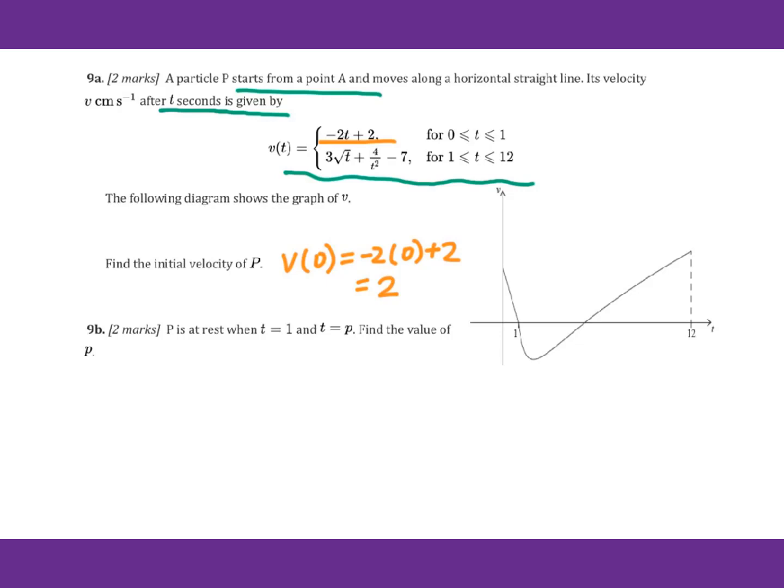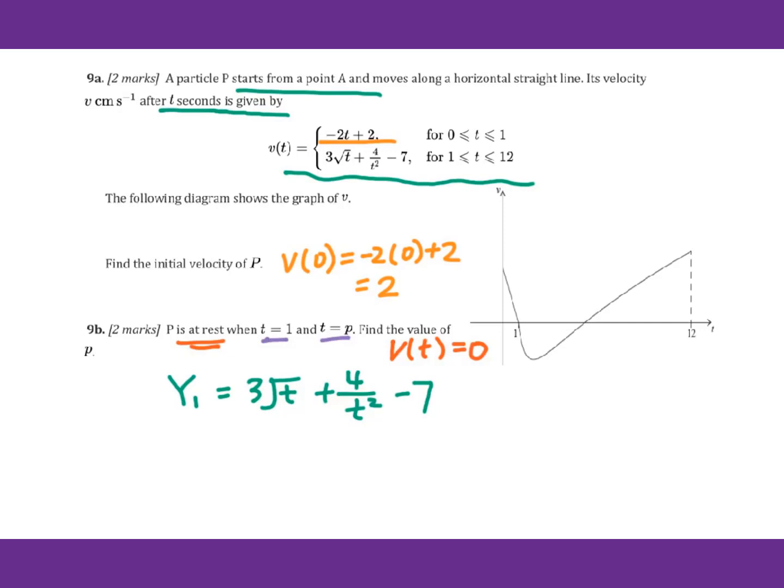9b, P is at rest when t equals 1 and t equals p. Find the value of p. At rest means this velocity equals 0. So we will put y1 equals 3 square root of t plus 4t squared minus 7 into the graphing calculator.